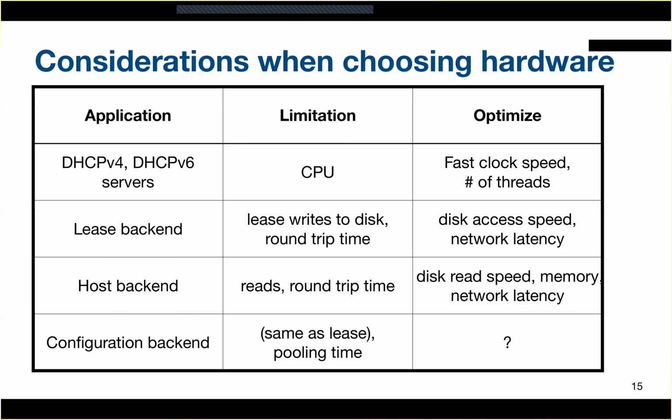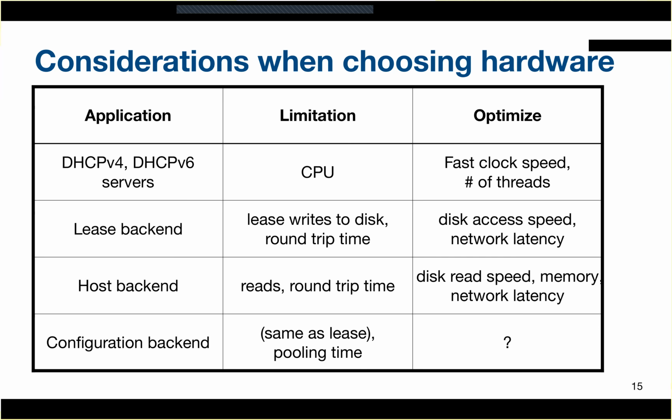For the lease backend, the major difference between the lease backend and the other 2 backends, host and configuration, is that lease writes are very roughly 50% of the access, and there's some reading. But with host reservation and configs, the great majority is just reading from the database. So these are the parameters that you might tweak in your database.